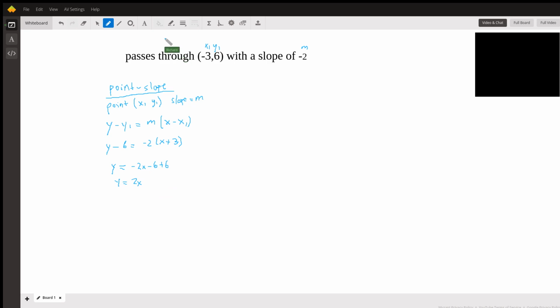Okay, so now let's take a look at this problem in slope-intercept form, and you'll see that it's not as fast.